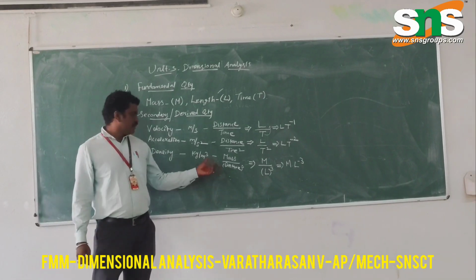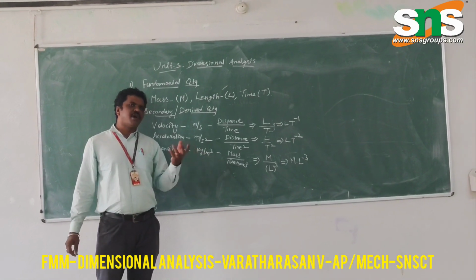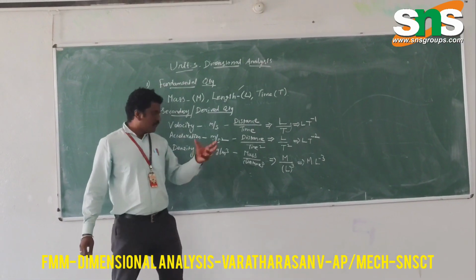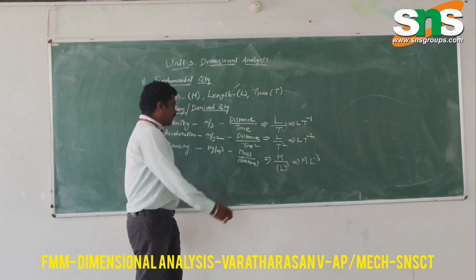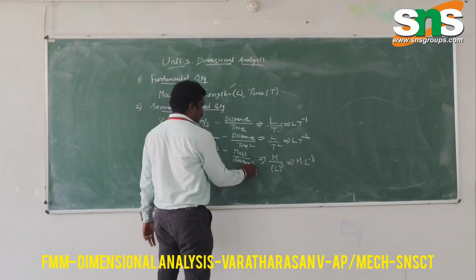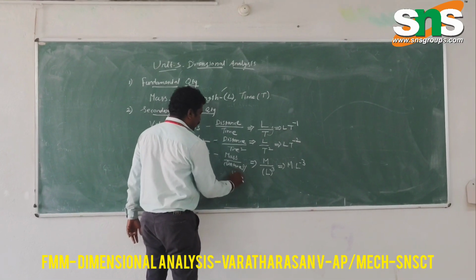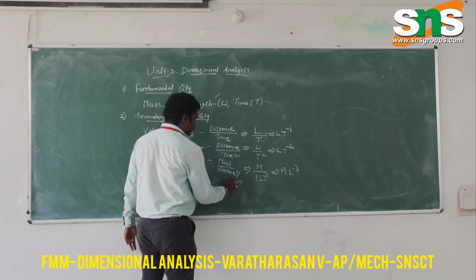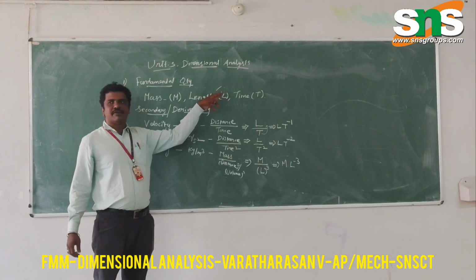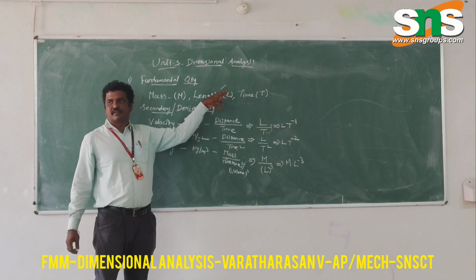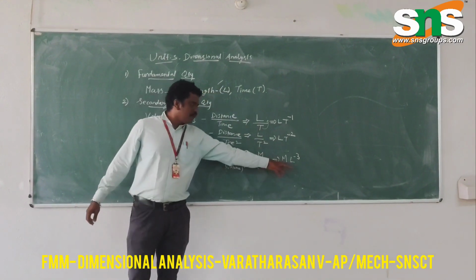Here the meter cube will be represented as volume. The volume can also be related to the length. Either we can denote it as distance or volume. So volume can be related to which fundamental quantity? Length. So that's why we can represent it using L.